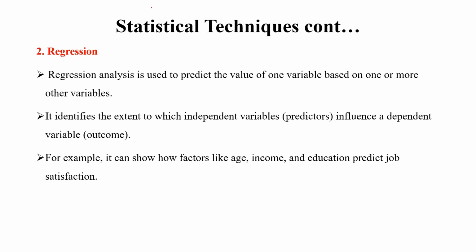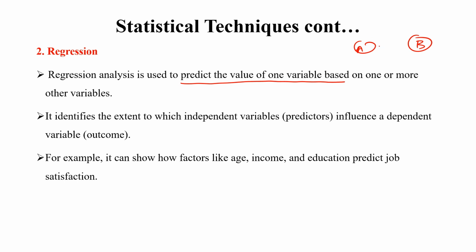So moving on to regression. Regression is used to predict the value of one variable based on one or more other variables. For example, we have A and B. Here A is called the predictor and B, the dependent variable, is called the criterion or the outcome variable.